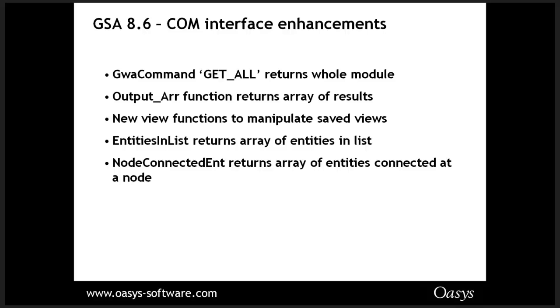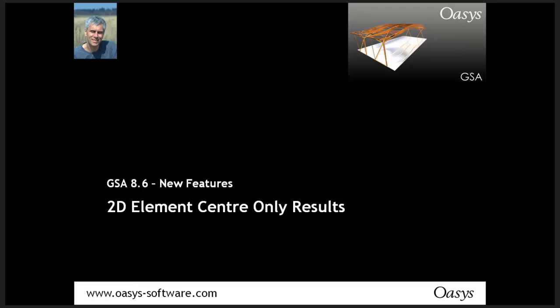So if you have a piece of string that stands for a list, for example, P1 to P10, you can call a COM function, pass it as a string, and GSA will return all the elements that are part of that list. And finally, node connected ends returns all entities that are connected to a node, and that comes in handy when you're trying to extract element forces on nodes, for example.